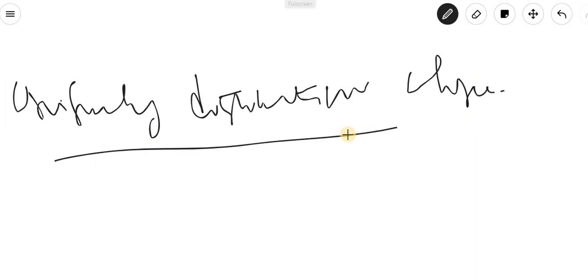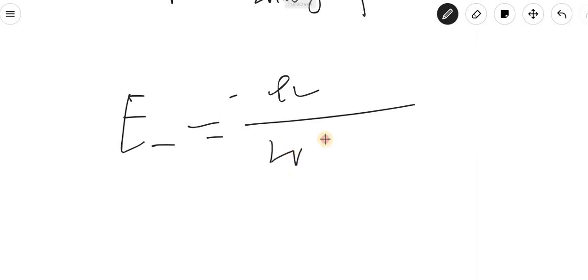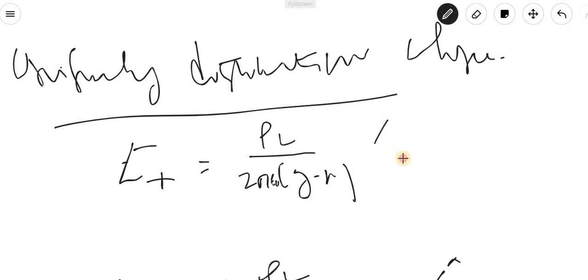What will be the concept? We can simply calculate E positive due to the positive charge, rho L over 2 pi epsilon naught times G minus x, and for the negative charge it is minus rho L over 2 pi epsilon naught y, in the y direction.